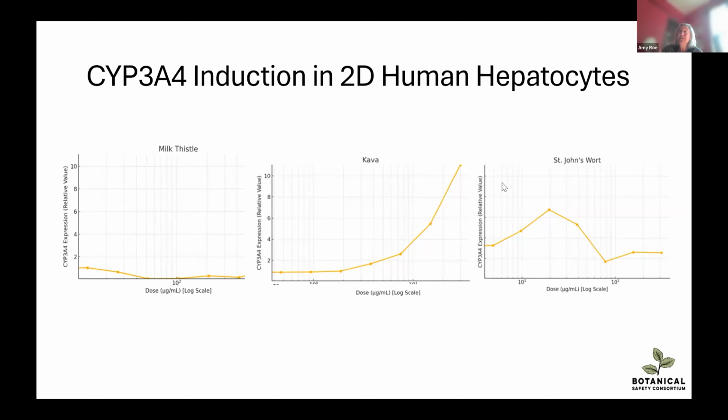But we saw a really strong induction response with kava, a stronger response, in fact, than what you see with St. John's wort, the far right-hand pane. And St. John's wort, of course, is known to be a positive control for P450 induction, 3A4 induction. And so this was kind of a surprise to us.